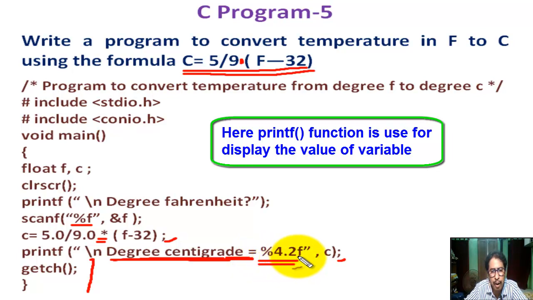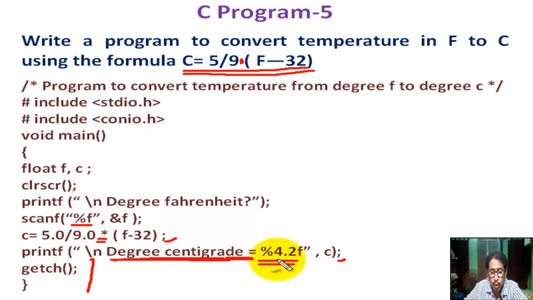We can write percentage f, f for floating variable. What is the meaning of 4.2? Here the format prints total width 4, and the number of decimal digits is 2. It shows 2 digits after the point. Okay.